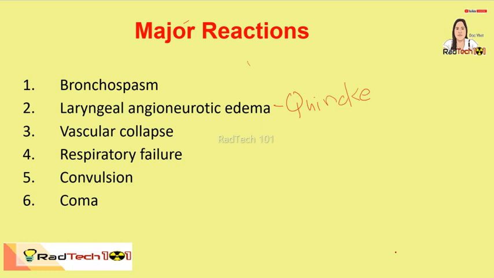For vascular collapse naman, this happens when the patient is pale and sweating and may lose consciousness. While for respiratory failure, when the patient becomes cyanotic or bluish and may stop breathing, then convulsion, and pinaka-worst is coma. So all these major reactions require prompt and efficient treatment for the patient to survive. Kasi nga major reaction siya.